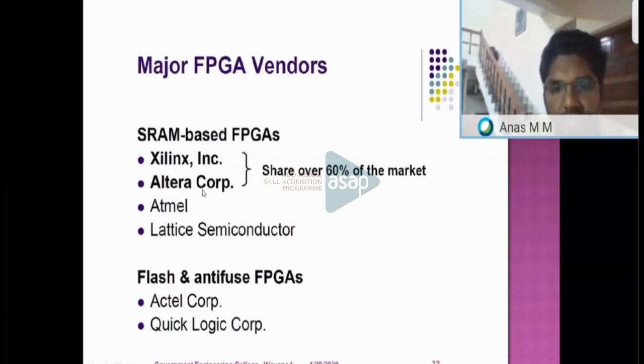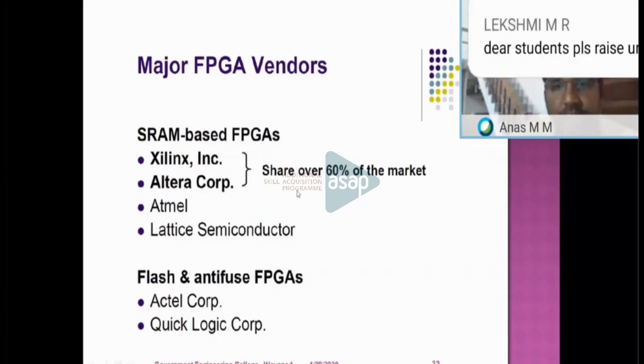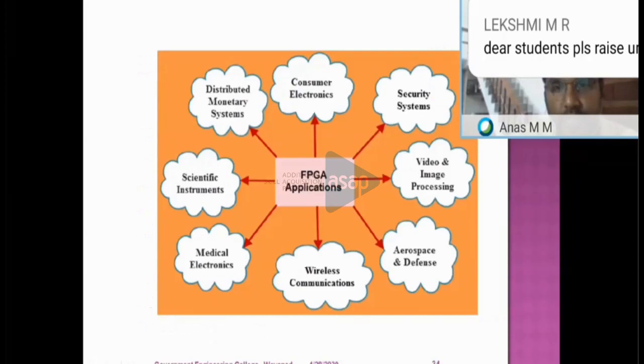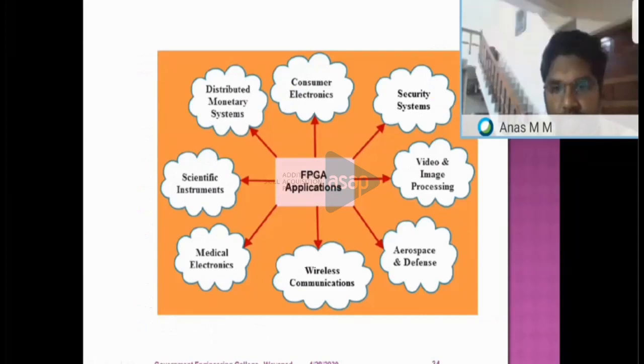These are the different applications of FPGA. It is used in consumer electronics, security systems, video and image processing, defense, aerospace, wireless communication, and medical electronics. Nowadays we use FPGAs everywhere, and they are replacing ASICs and non-programmable ICs. The applications are expanding every day.